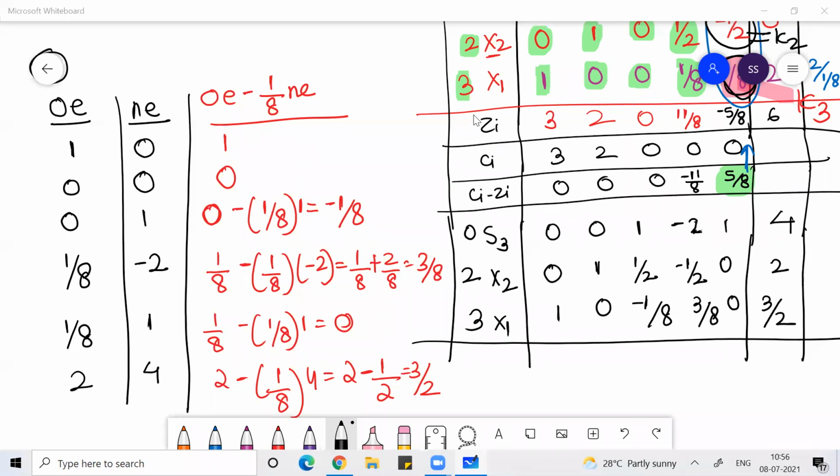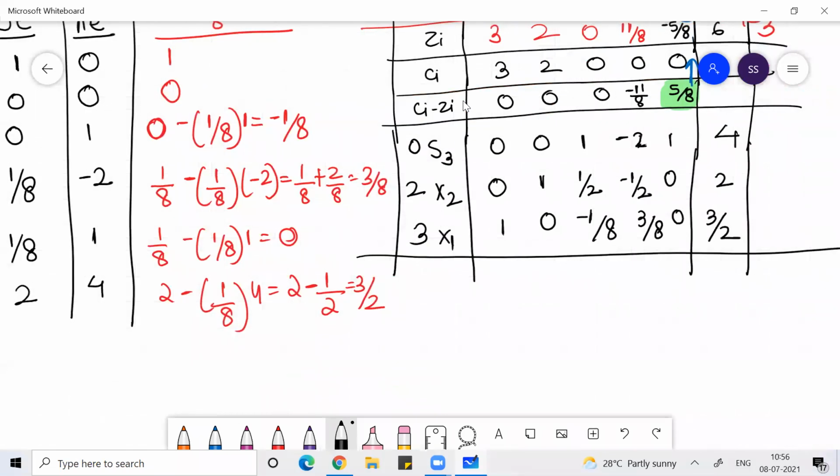Clear, everyone? Once you have understood this, now I'll find the Zi value.